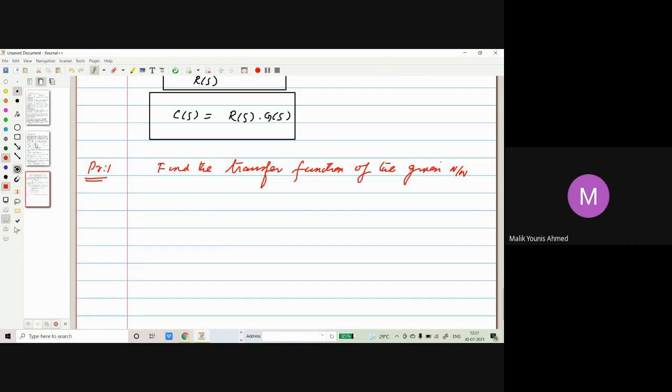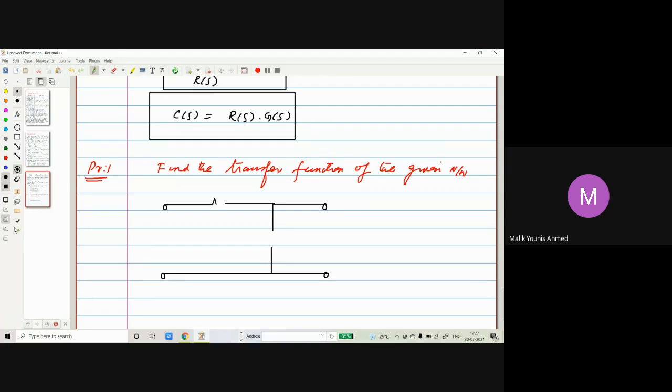So what is the network we have? Network is like this. We have a resistor here, then we have an inductor here. So that should be the input side and that is the output side of the network.